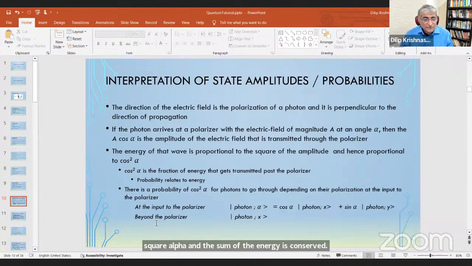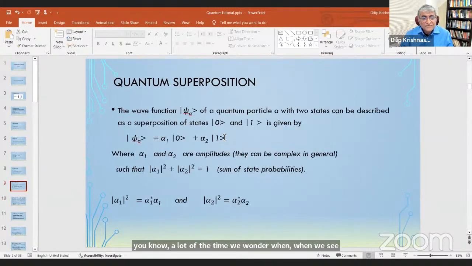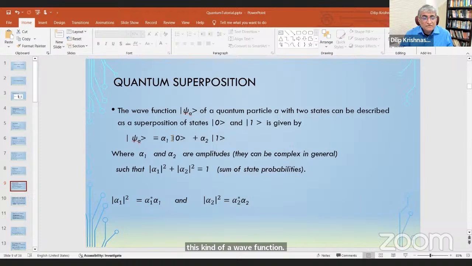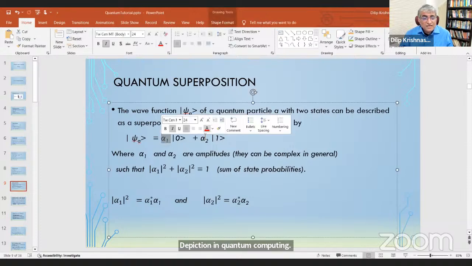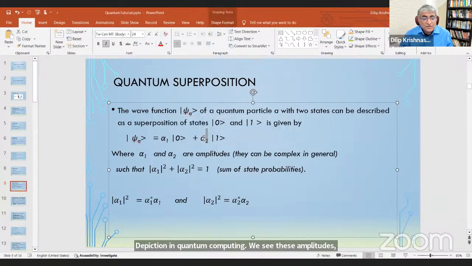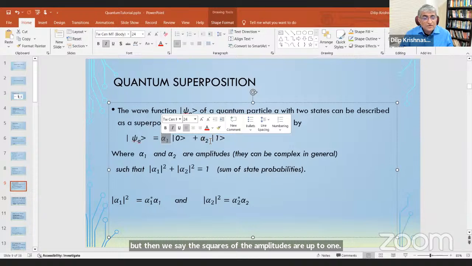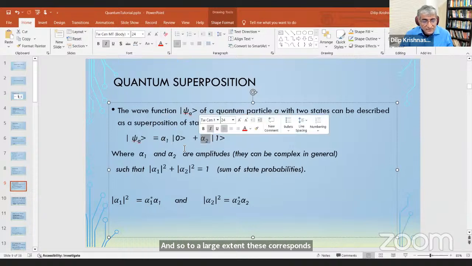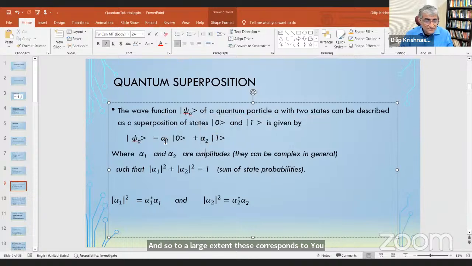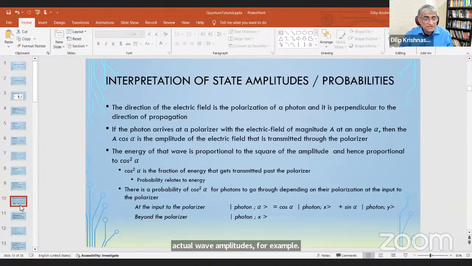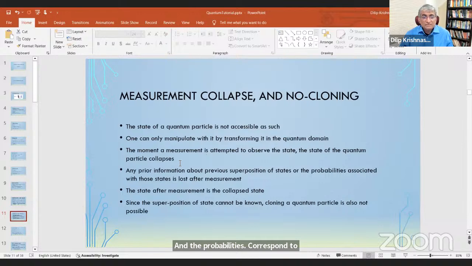A lot of the time we wonder when we see this kind of wave function depiction in quantum computing, we see these amplitudes, but then we say the squares of the amplitudes add up to one. And to a large extent, these correspond to actual wave amplitudes, for example, and the probabilities correspond to energy in the system. So that's one way to interpret that.